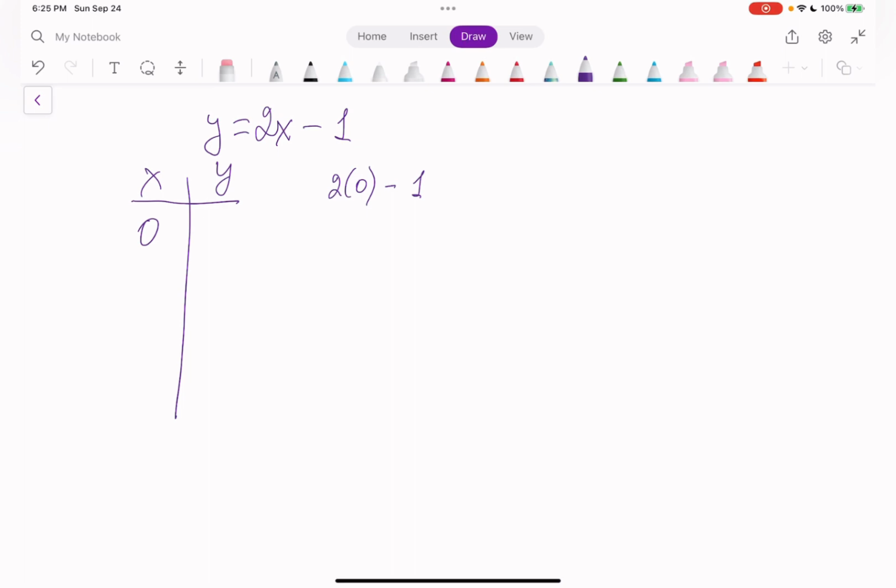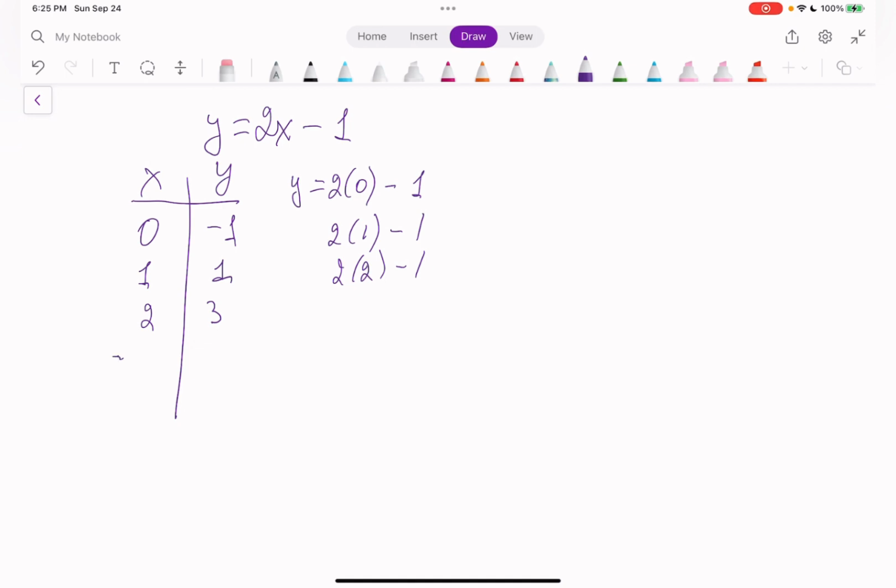It's going to be negative 1, right? When x is 1, 2 times 1 minus 1, it's going to be positive 1. Now, when x is 2, 2 times 2 minus 1, it's going to be positive 3.